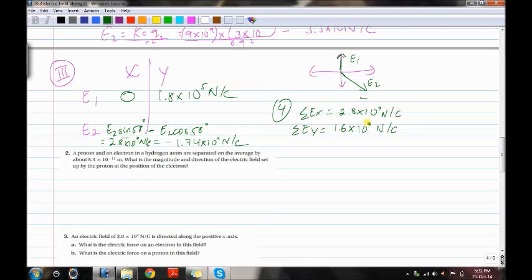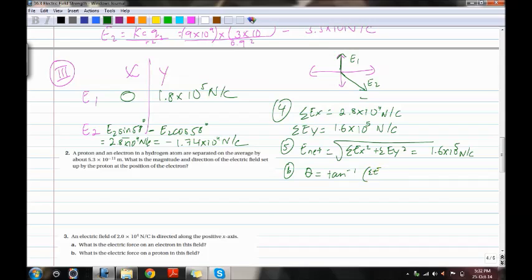And now let's find the E net, which equals the radical of sum of Ex squared plus sum of Ey squared, so the answer would be 1.6 times 10 to the power 5 Newton per coulomb. And the sixth step is to find the theta, which is tan inverse of sum of Ey over sum of Ex. So the answer would be 81.1 degrees. That's the theta.